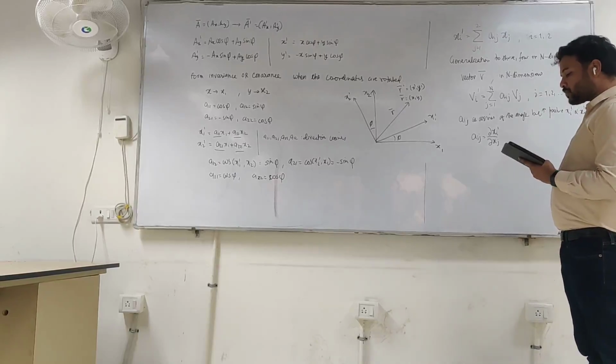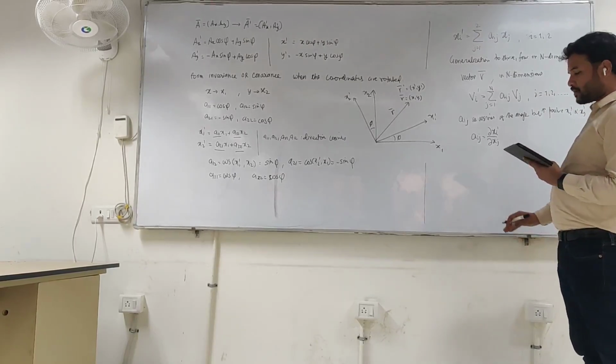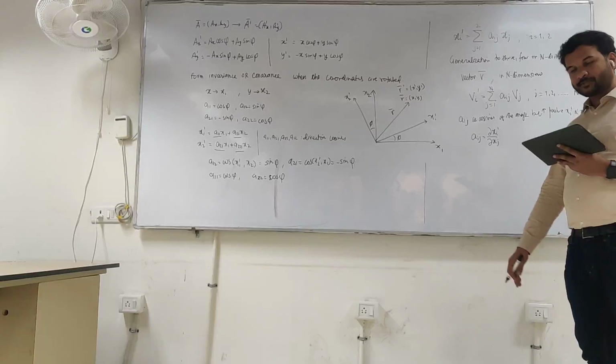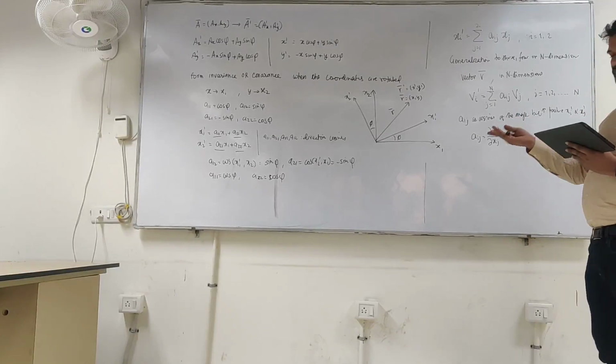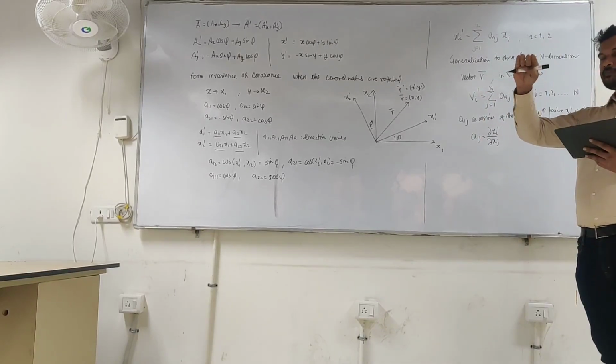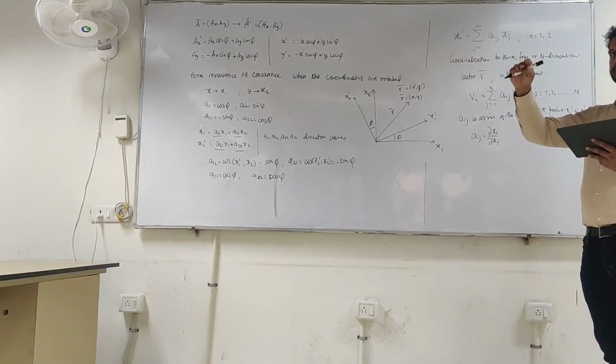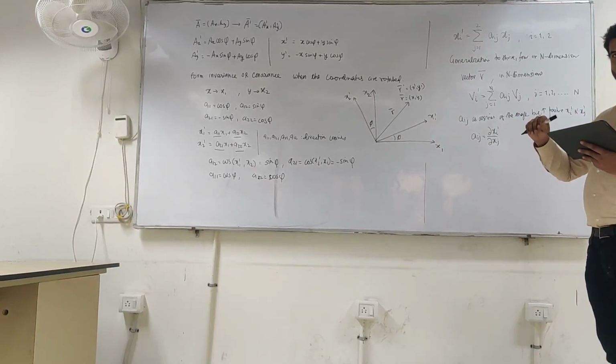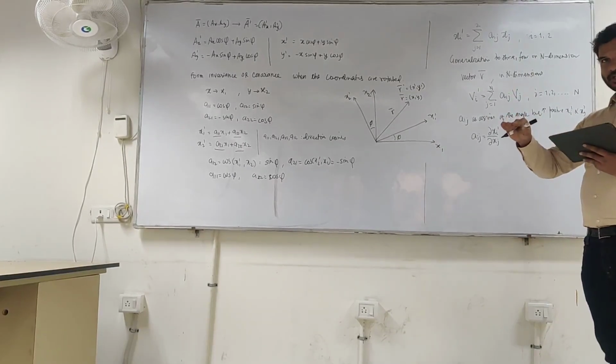Now, suppose you use the inverse relationships, that means you want to go from the primed coordinate system to the unprimed coordinate system. You use the inverse transformation relationships.